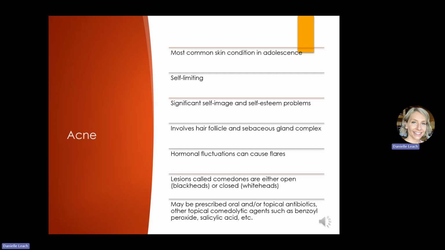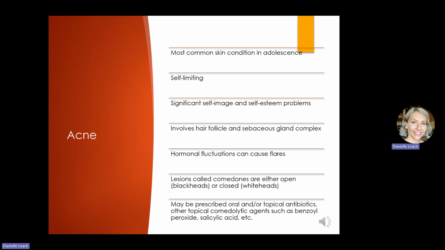Acne is the most common skin condition in adolescents. It's usually self-limiting, meaning that it will usually go away over time. However, there is a wide range of severity from very minor acne to very severe. Very severe acne especially can cause significant self-image and self-esteem problems in adolescence.